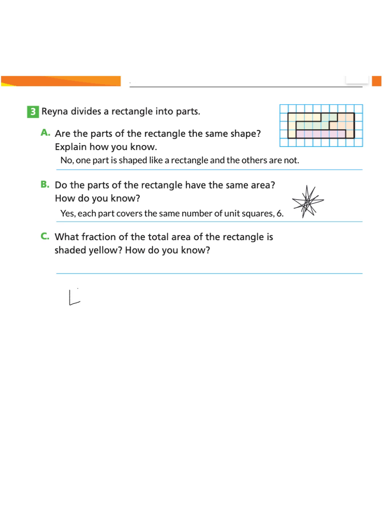There are 4 total shapes, and only one shape is shaded yellow. So our fraction would be 1/4, and we can explain our thinking: since each part has an area of 6 unit squares, the yellow part is one of the 4 equal-sized parts.